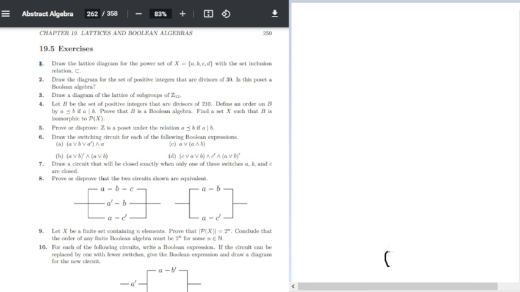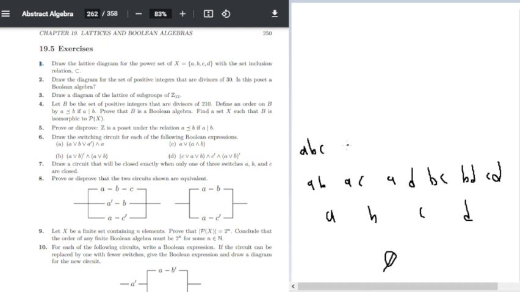So we have, first of all, the empty set, A, B, C, D, A B, A C, A D, B C, B D, C D. Then we have A B C, A B D, A C D, B C D. Oh, that actually might be it for that. Then we have A B C D.